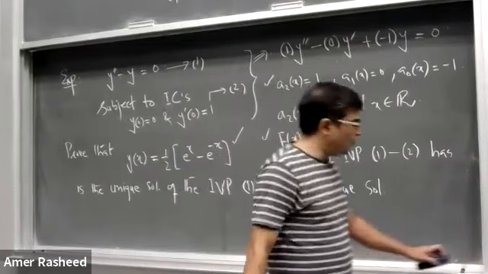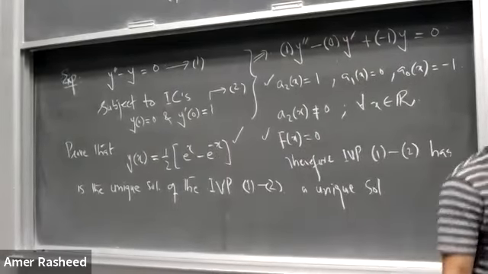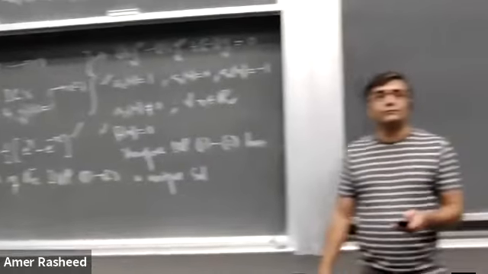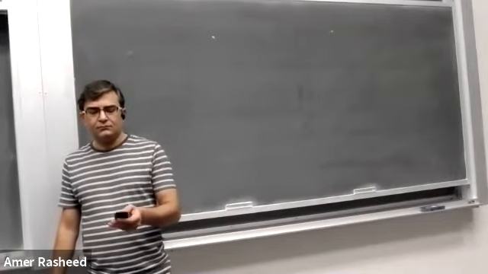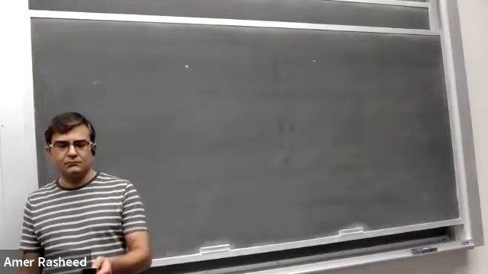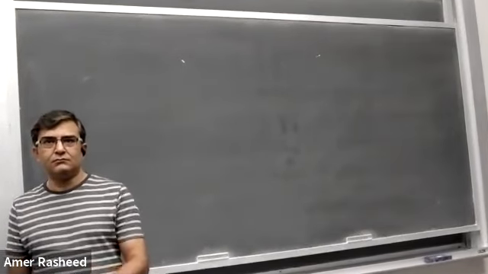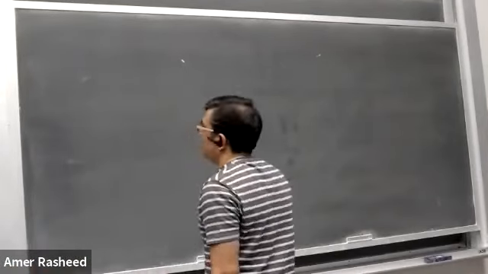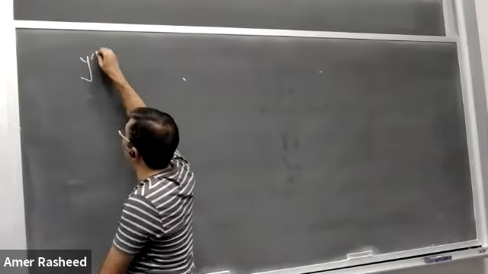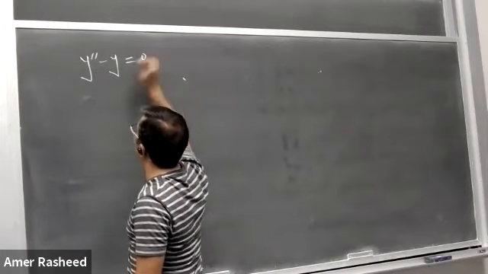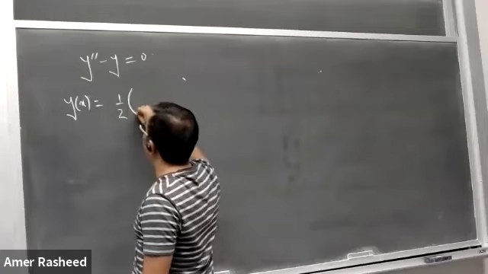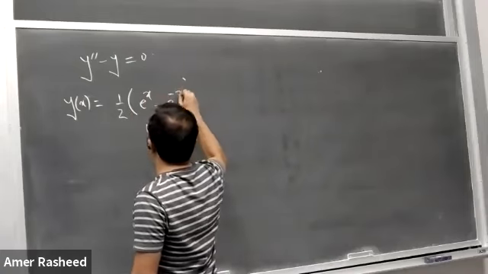Now we are going to prove whether this function satisfies the differential equation. What is the function? The equation is y double dash minus y is equal to 0, and the function is y of x is equal to 1 by 2 times (exponential of x minus exponential of negative x).